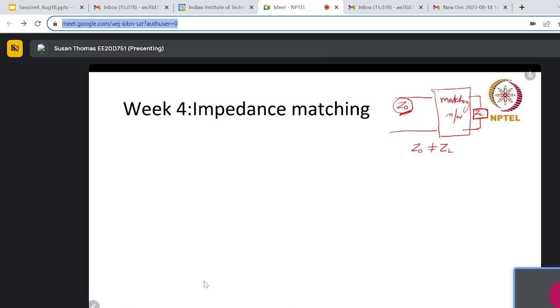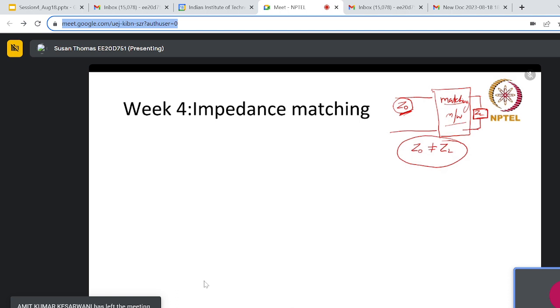It could be a real resistance, or a reactive impedance. So we need a matching network whenever Z naught is not equal to ZL. That is the relevance of the matching network.